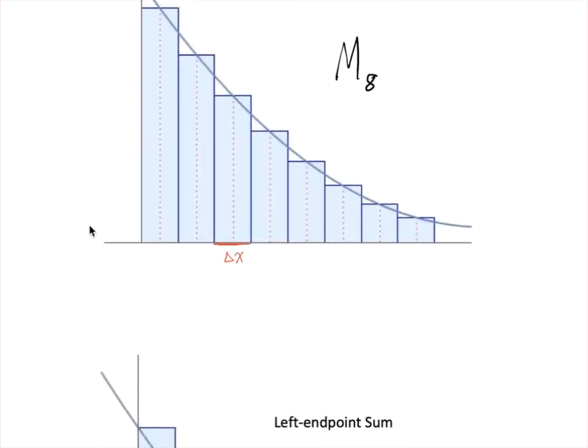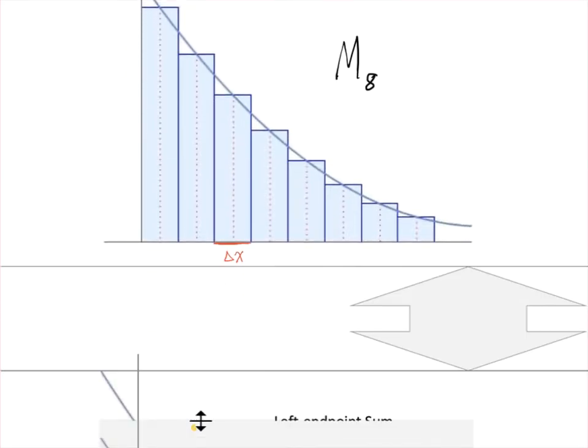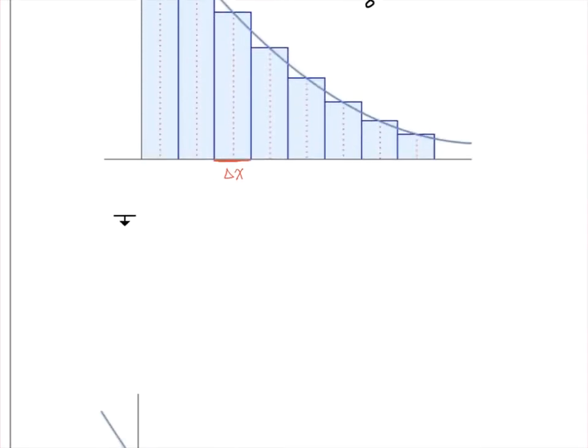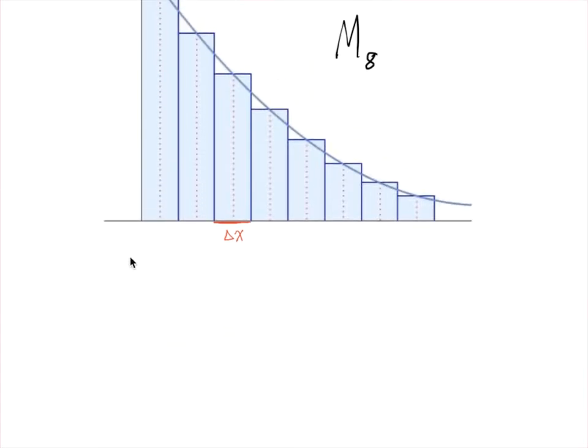For the midpoint, knowing this goes from 0 to 4, and each subinterval has width half, the first midpoint, this one, is 0.25. The next one is 0.75.